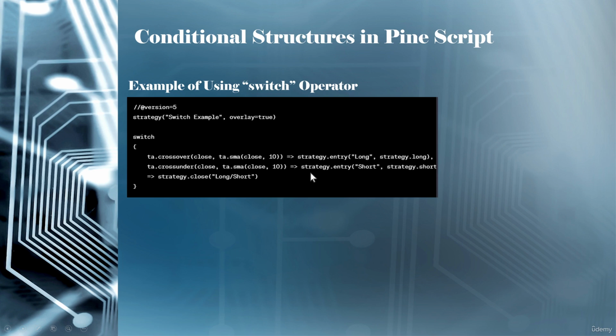If it's true, then a short position will be entered by executing strategy.entry short. If neither of these conditions is true, then the default statement will be executed, strategy.close. So the strategy position will be closed. This is an example of how the switch operator is used without any expression.